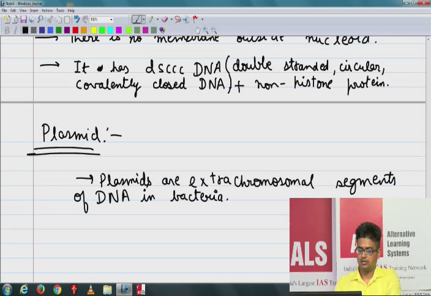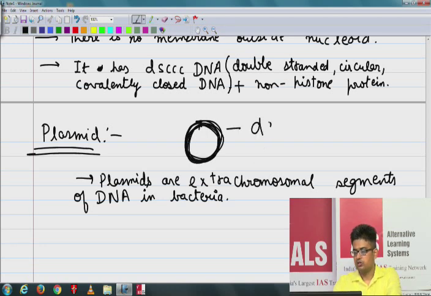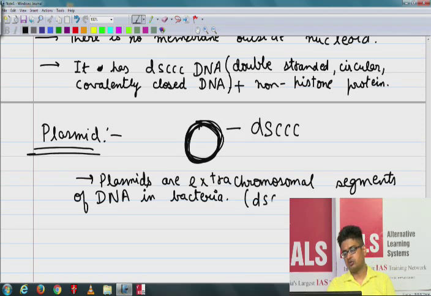They are like small loops. Plasmid DNA is also double stranded, circular, covalently closed. You can just write the short form.